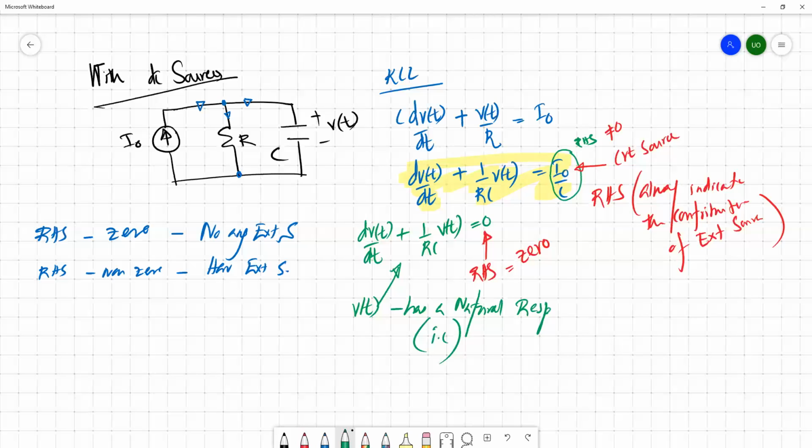Now we have a differential equation where the right hand side also has non-zero quantities. We identified that the right hand side is managed by the external sources you plug into the circuit. The contribution from these external sources is known as the forced response.